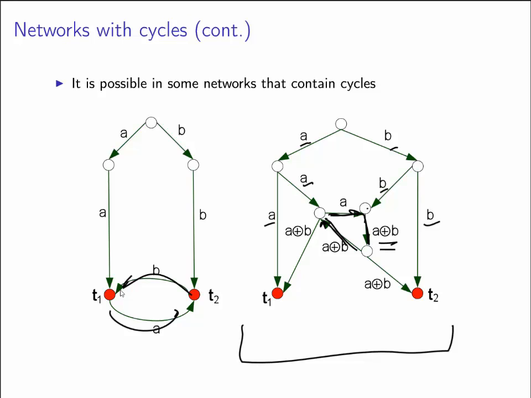For example, A XOR B, if we're working over the field GF2, corresponds to addition over this field. Now this node will just forward A on this interface, and on the second outgoing link, it will just forward the packets arriving on a separate incoming link.